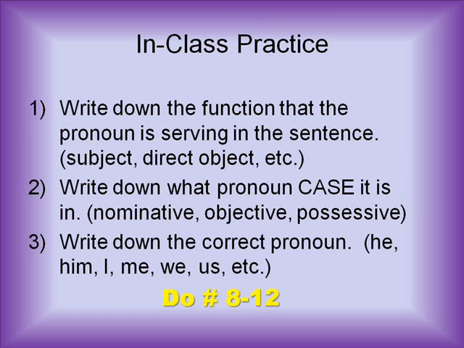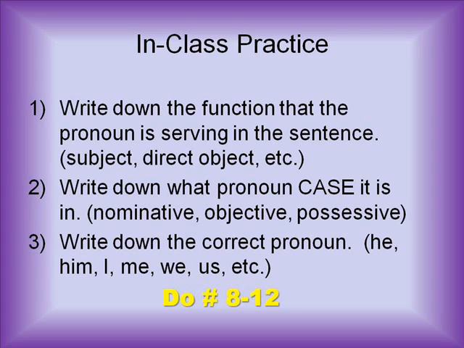Okay, it's time now for you to do some practice. You're going to do sentences 8 through 12, but I want to tell you what I want you to write down. First, when you look at that pronoun, I want you to write the function that the pronoun is serving in the sentence. Is it the subject, the direct object, the predicate nominative? What is it doing in the sentence? And remember your noun flower or your pronoun flower. Those are all the things that a pronoun can do.